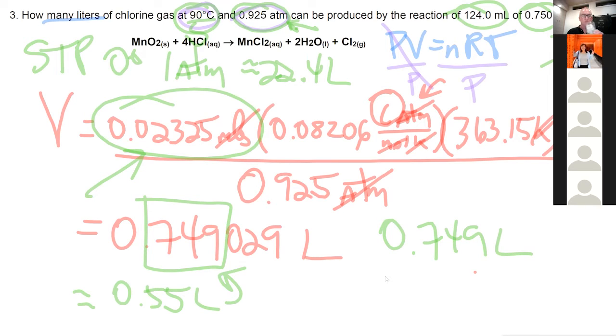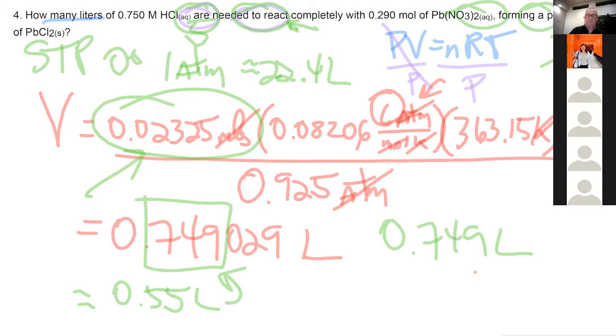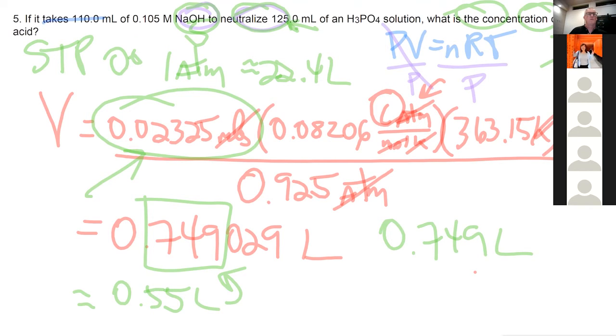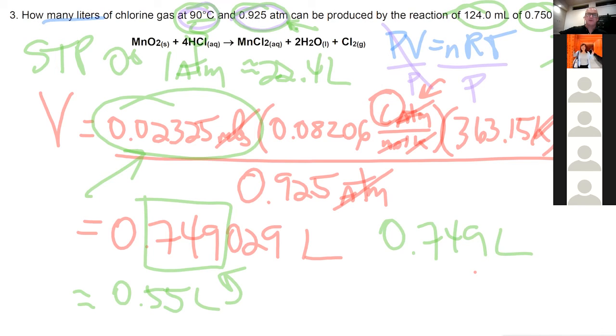Sorry, can you go over how you double-checked the work again? So it's standard temperature and pressure. That's 0 degrees C and 1 atmosphere pressure. 1 mole of gas takes up around 22 liters of space.